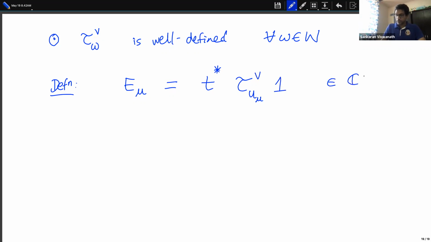So this is some element of the Laurent polynomial ring. But as we just said, because the element 1 is in fact positive, it's got positive degrees here. Oh, okay. No, I can't say that just yet.